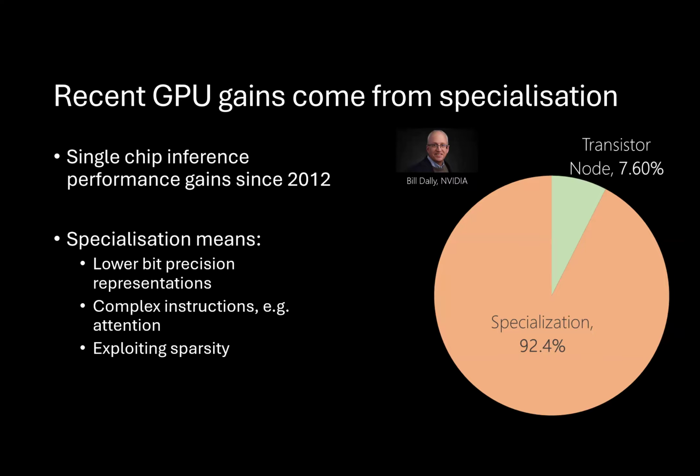They also implement complex instructions directly at the lowest level in the hardware. For example, attention mechanisms, which are an important part of how LLMs work, are implemented quite close to the bare hardware, while also exploiting sparsity. Lots of the matrix multiplications that are done are sparse matrix multiplications, and you can design the chip to make use of that.